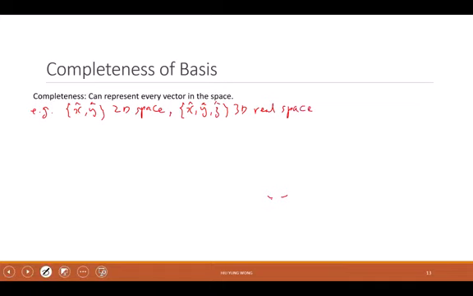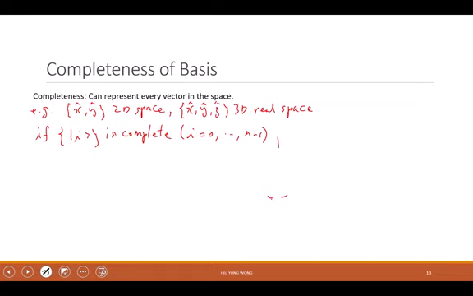In general, if I have a set, I'll just call it I, it means I have a set of basis vectors. If it is complete, with I equal to 0 all the way to n minus 1, what dimension is this?